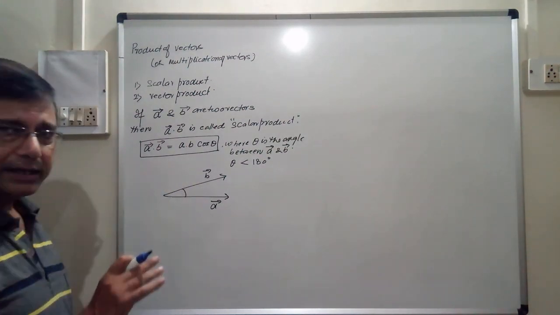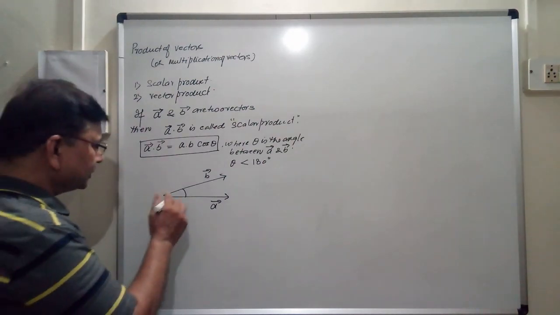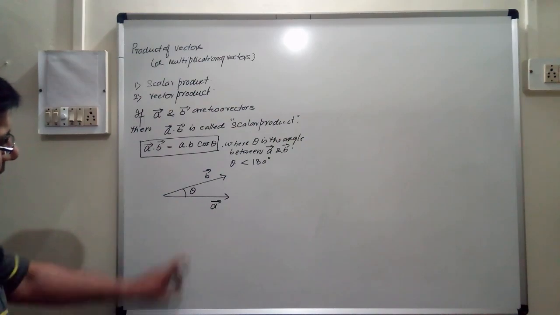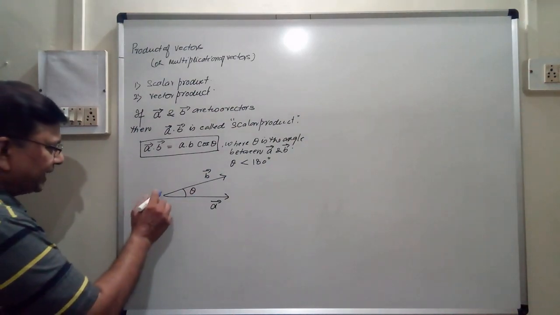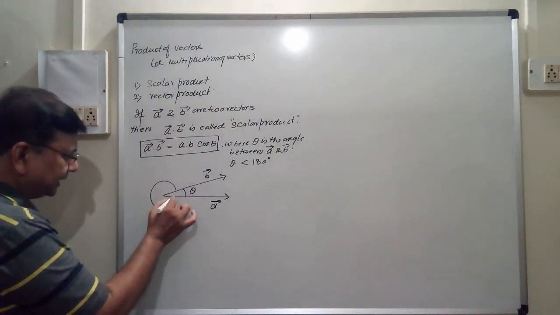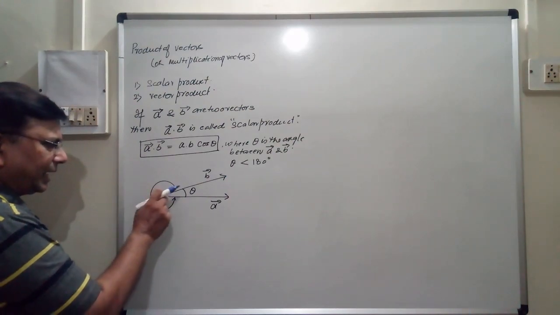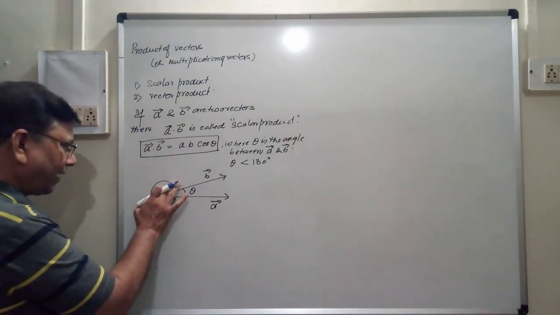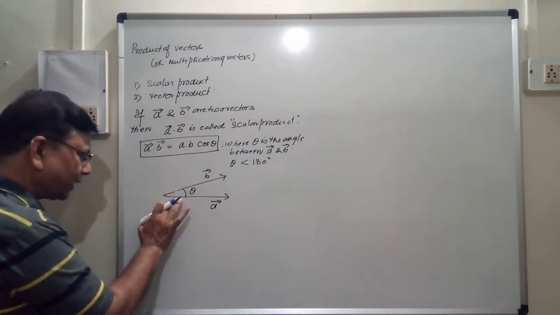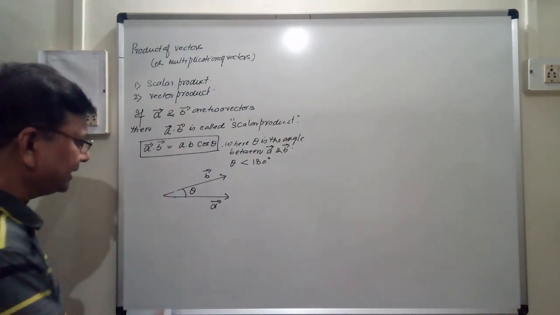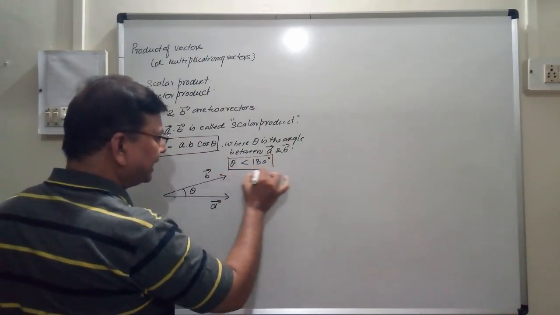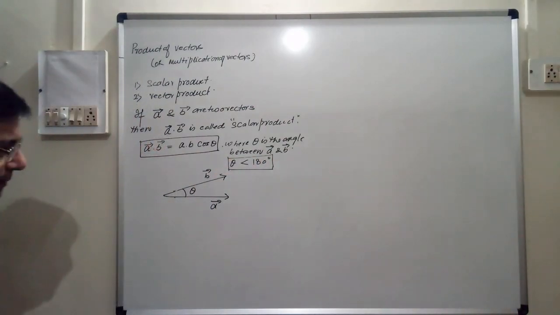So we will take the smaller angle. So this will be taken as theta. Angle between these two vectors is theta. The bigger one will not be considered, but the smaller angle will be considered. So I will just clean it. So the angle between the vectors is taken as the smaller one, and this should be less than 180 degrees, right?